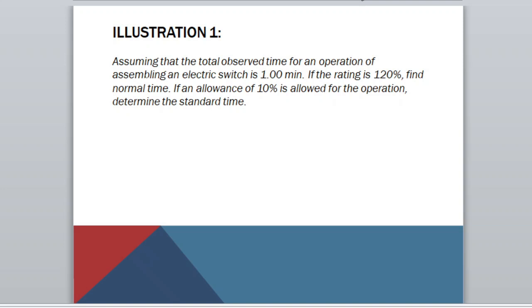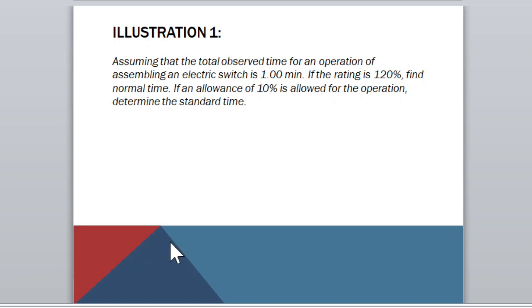So, when we say normal time, it is equal to observed time times the rating over 100.